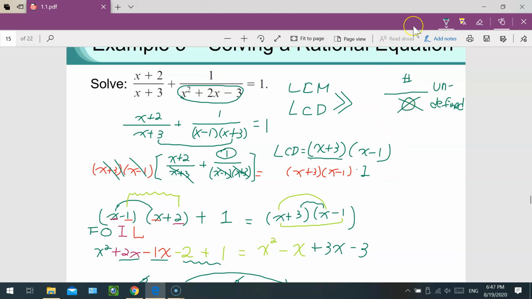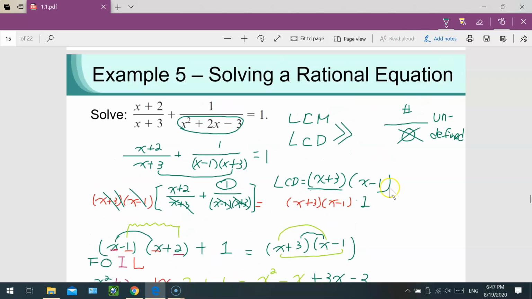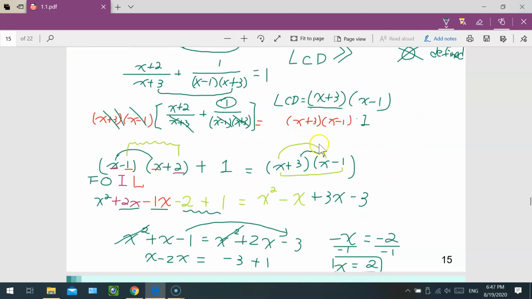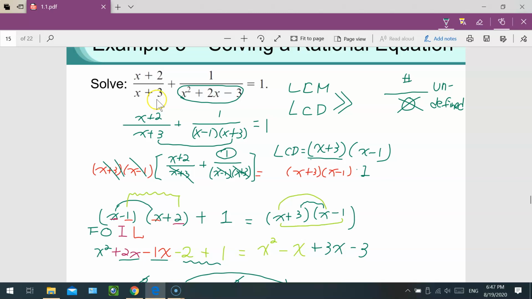And when you solve it, after you solve for the solution, make sure you plug it back into your rational equation so that you can double check whether the solution you got will make the denominator turn to a 0 or not.